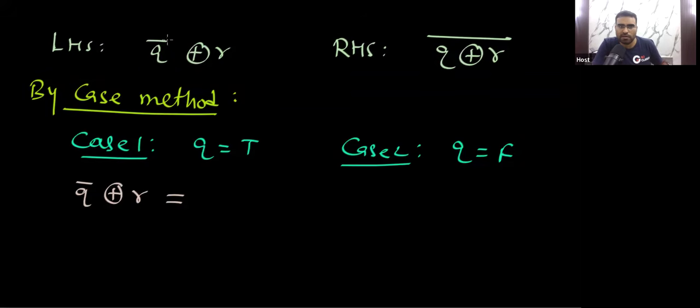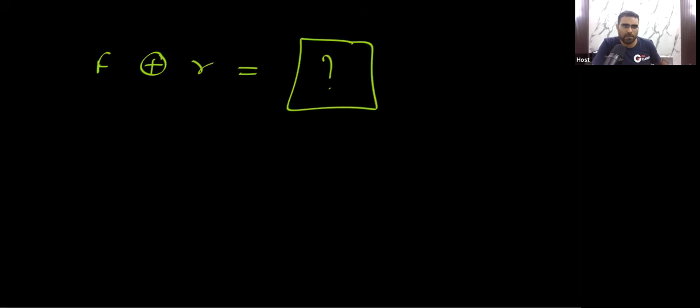False XOR R. What is false XOR R? You can see this is the same as R. What should I write in this box? This is already fixed.